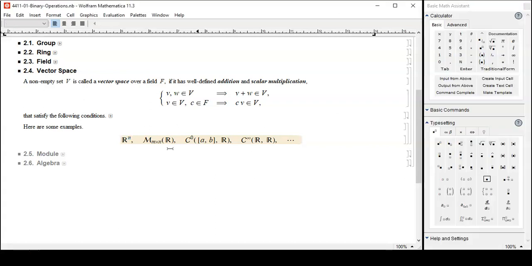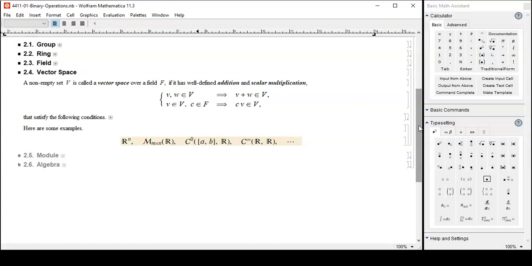But then again, there are other examples: matrices, and the space of continuous real functions, and then C1, C2, C3, and so on, differentiable with continuous derivatives, twice differentiable with continuous up to second derivatives, and so on and so forth, all the way up to C infinity, which means infinitely differentiable. These kinds of examples form a vector space. So the linear algebra and all that theory about vector spaces can be applied to differential equations and analysis as well.